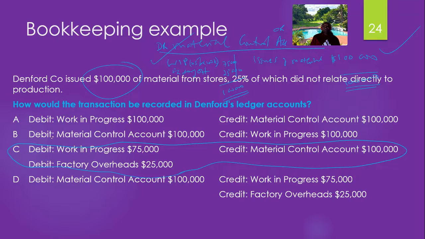If you simply say debit, like for example in B, the debit material control account, you did not say anything, because your entry is not reflecting what is obtaining on the ground, although the credit part of it was totally wrong. All right, so what was going on, the actual reflection is found in C.